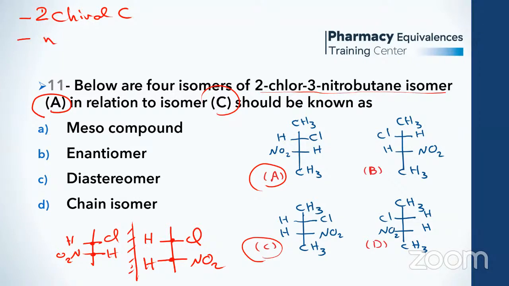They are not mirror images. Why? Because here on this carbon the Cl is on this side, and the Cl is on the same side in the other carbon, so they are not mirror images. Are they superimposed or not? If you put this one over this one, they will not be superimposed.